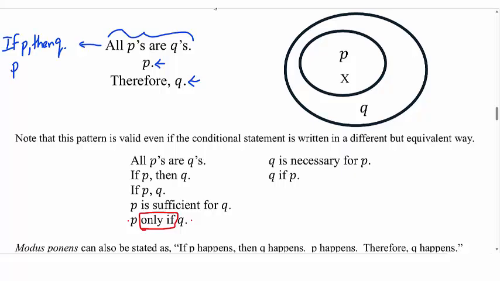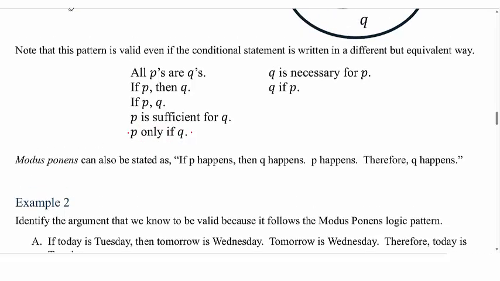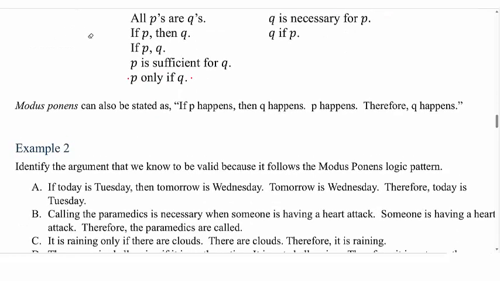And we know that P happens. So therefore, from the original if-then statement, we know that Q happens as well. That information is printed in your notes right here.